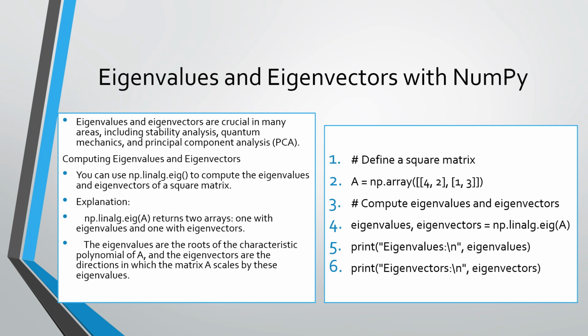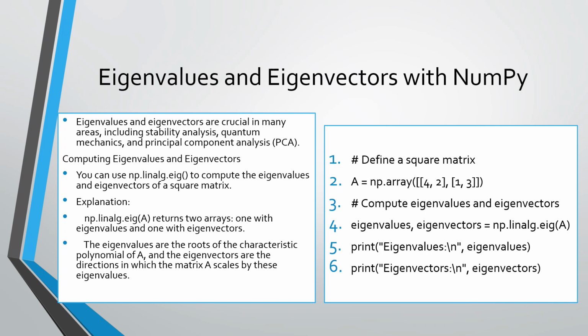The next function is the eigenvalues and eigenvectors function. It has many applications. It is widely used in principal component analysis. We can also use it in quantum machine learning, quantum mechanics, stability analysis, and various other operations.